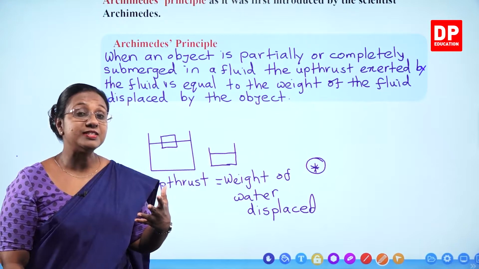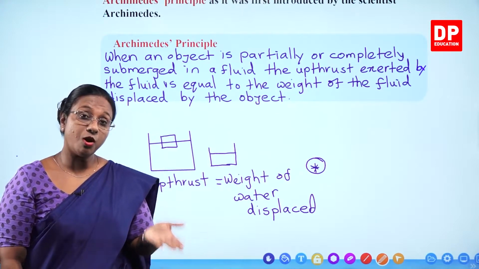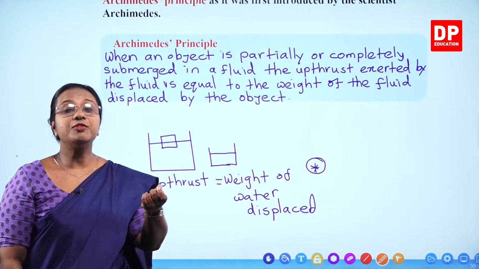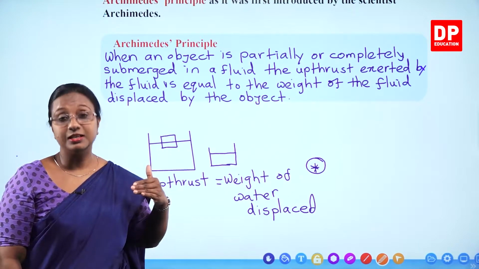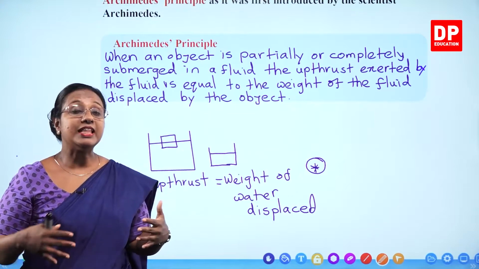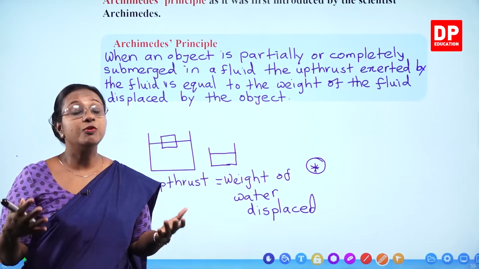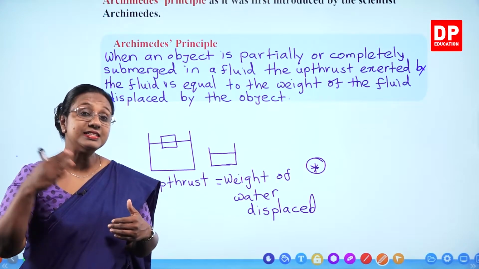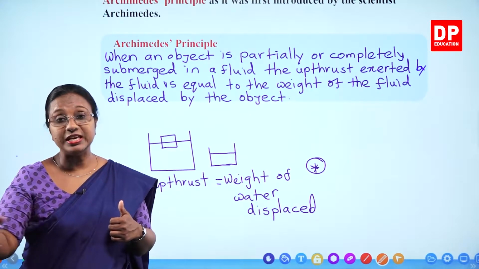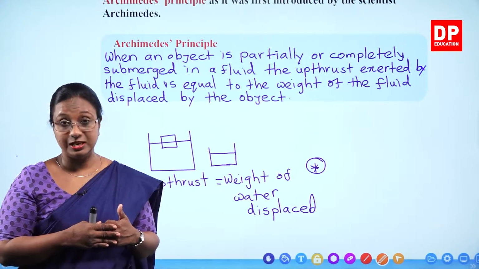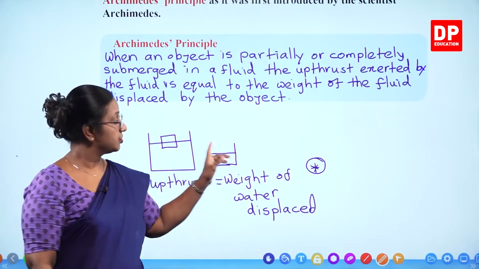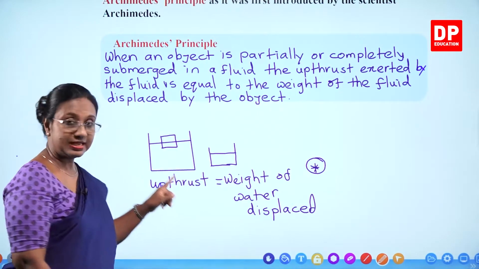Even when we say partially submerged, sometimes they are almost like floating on the surface. Only a small part of the object is within the fluid level. So like that, different objects float differently in fluids. And again, the same object can float or sink differently in different liquids. That is what we are going to understand now. So with that, I will move on to the next slide.